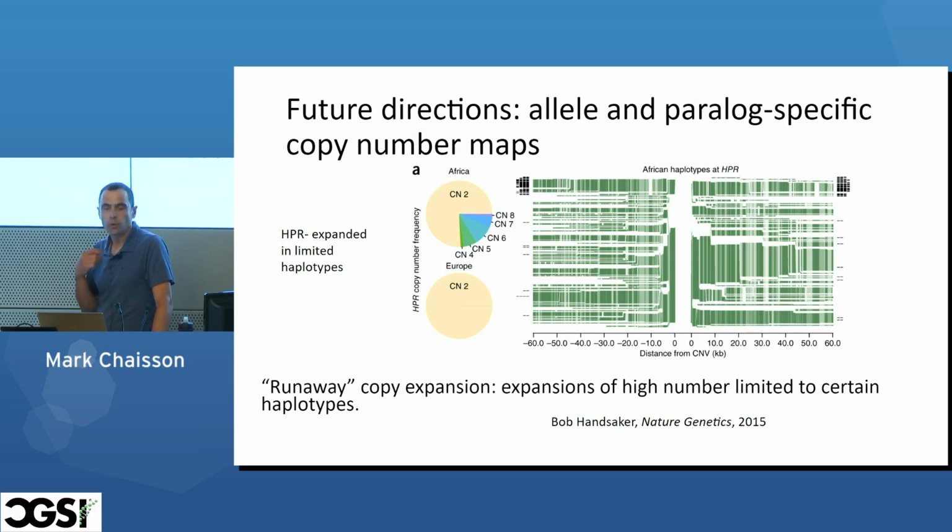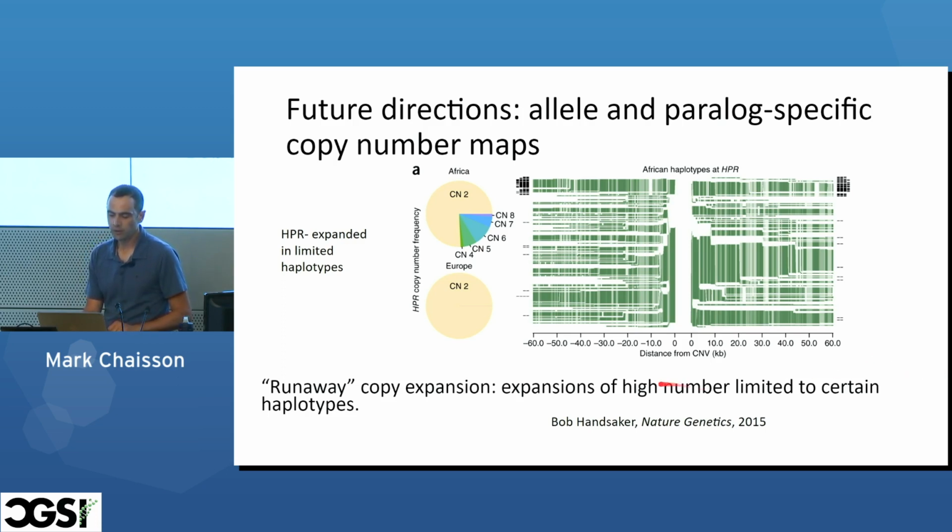What we wanted to do was develop a method that could detect which particular copies any individual has of a gene in their genome, and whether or not they have additional copy number variants in that. What's shown here is an image from an old study in 2015 where Illumina read depth was used to estimate copy number of genes in genomes.